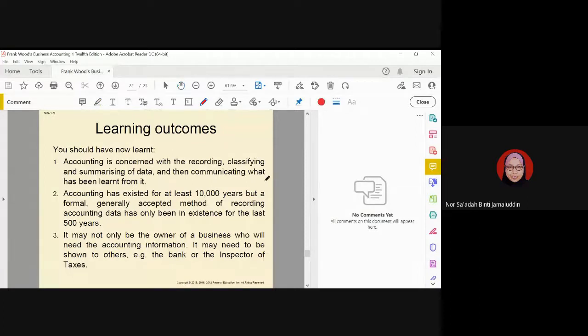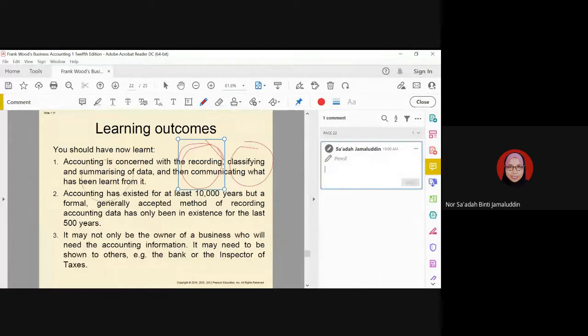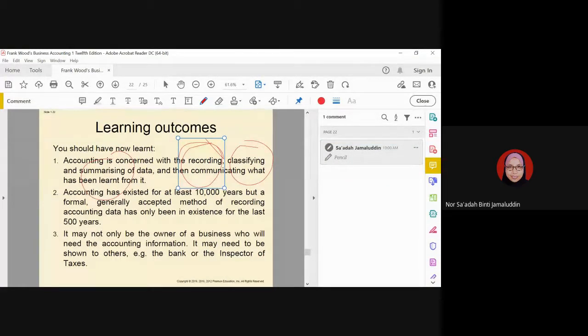Recording, classifying, summarizing. You cannot write the classifying, summarizing and lastly recording. Dia tak boleh campur-campur.